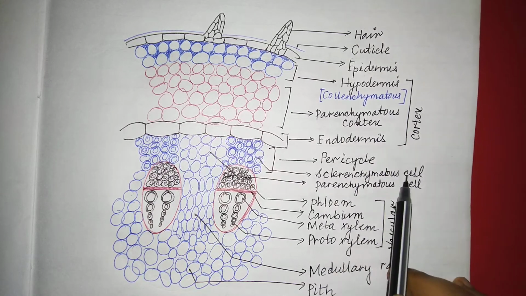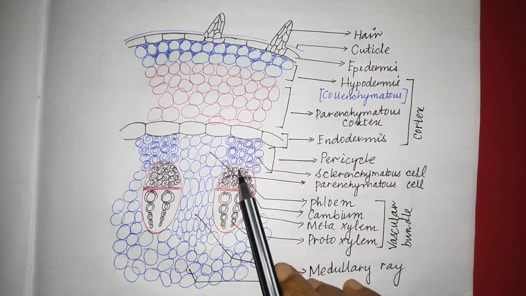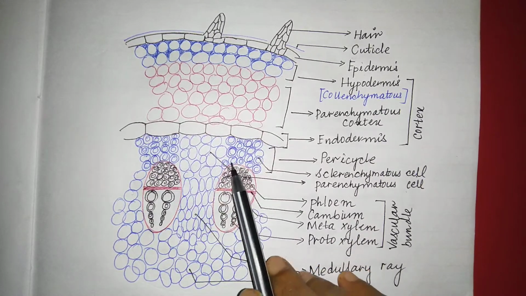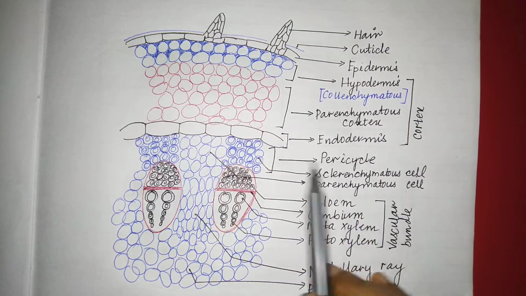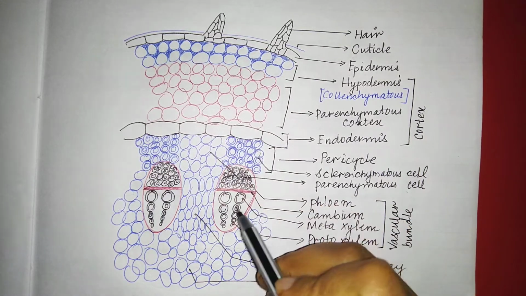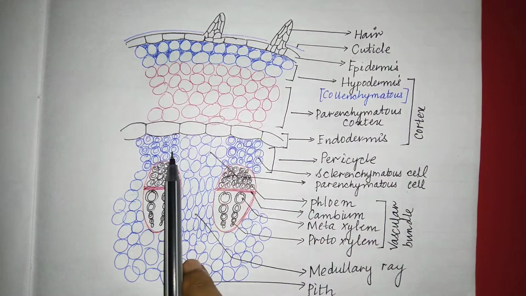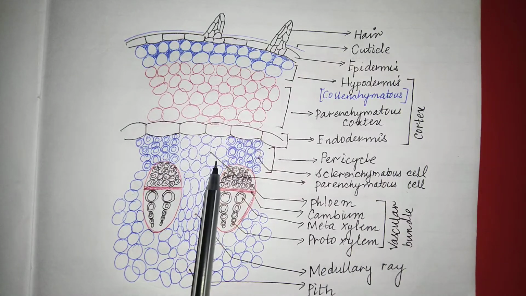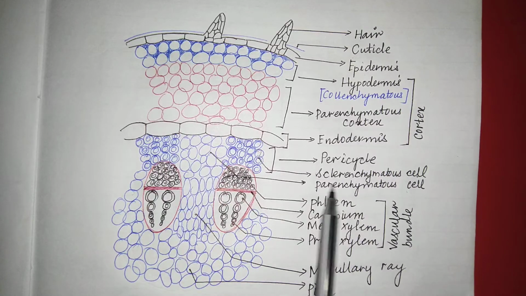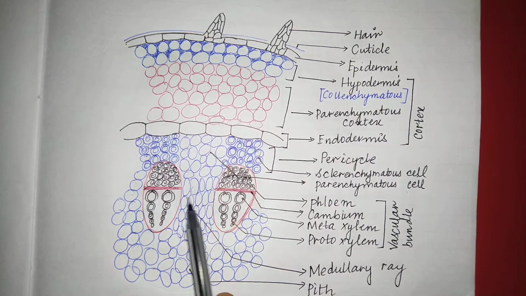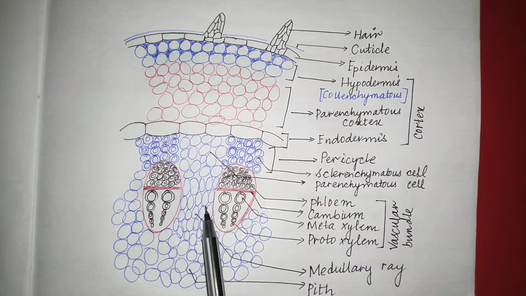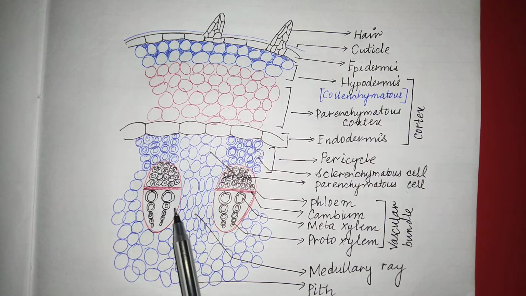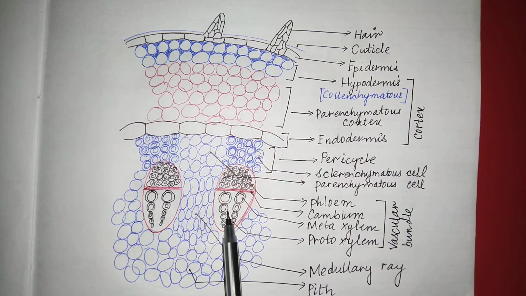The sclerenchymatous cell is present just above the vascular bundle, and between these two vascular bundles, parenchymatous cell is present. The parenchymatous cell is squeezed between two vascular bundles, which are in the form of a ring. We are showing only two vascular bundles.